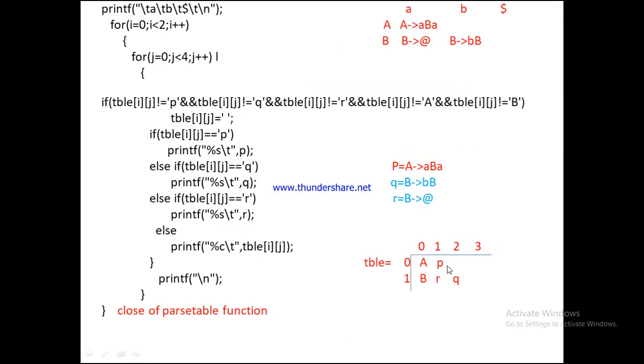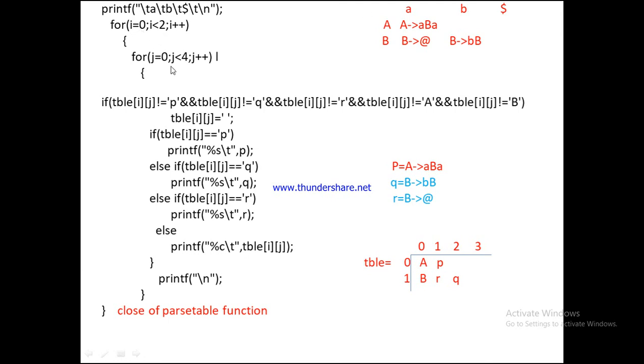Now I'll move on, it's a continuation of the same function only. What I am doing in this one is just printing the output. Nothing else is done in this whole thing. We are just printing the output in this format. So AB dollar, that means I am printing AB dollar by giving the tab.